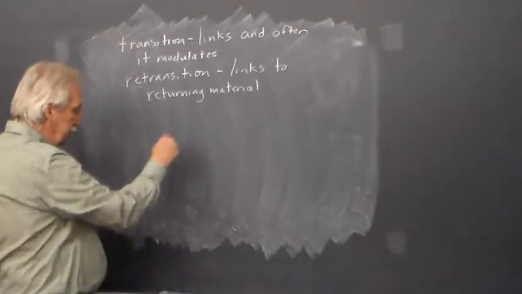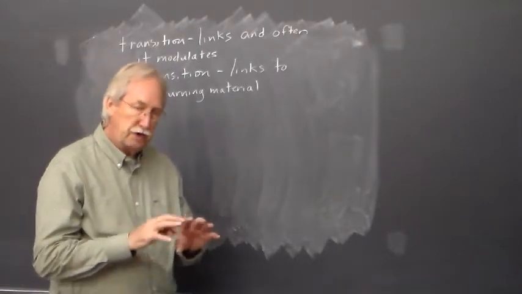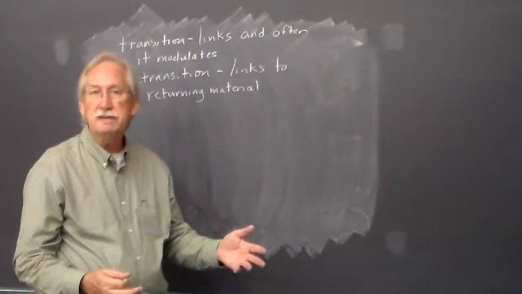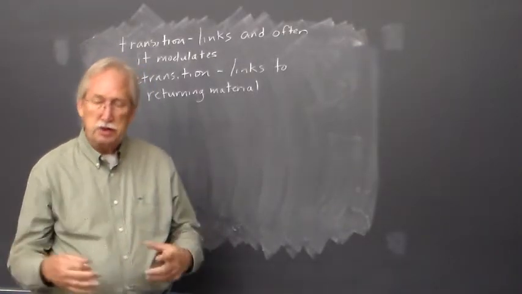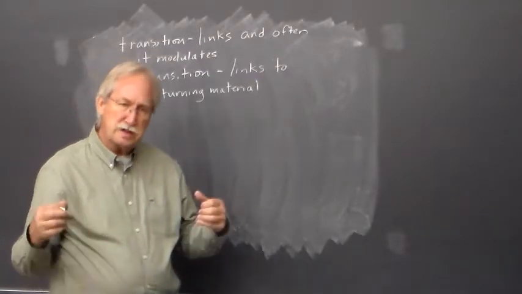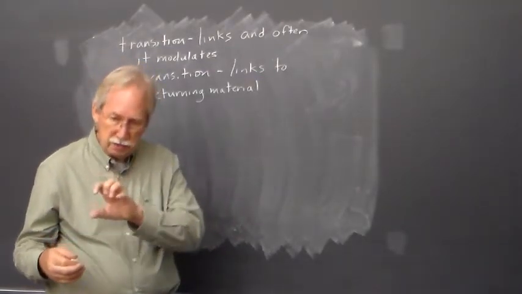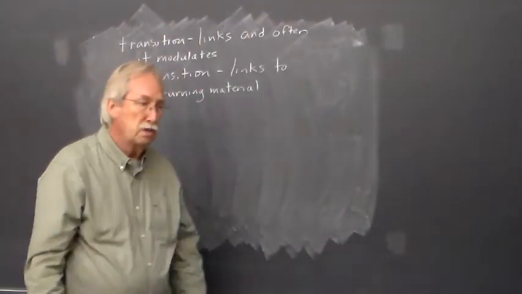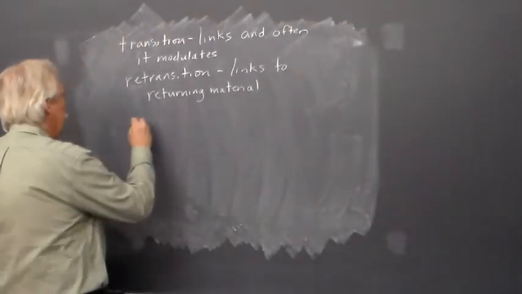You find them in sonata allegro form at the very end of the development section, where it returns the opening A theme. That's where you have the recapitulation. There's a retransition at that point, and also a retransition connecting the return of the A theme to the return of the B theme. So we'll be using that term.